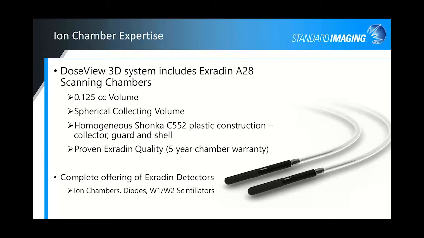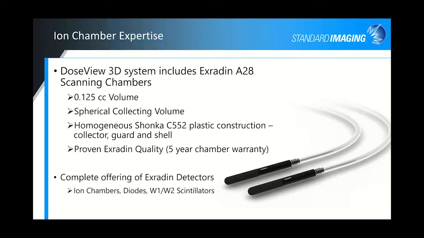We've got a 5-year chamber warranty for our chambers. There's no graphite in the chamber. There's no dag coating that can flake off over time. We've got chambers that have been out in the field for 30 years and are still being used on a regular basis.